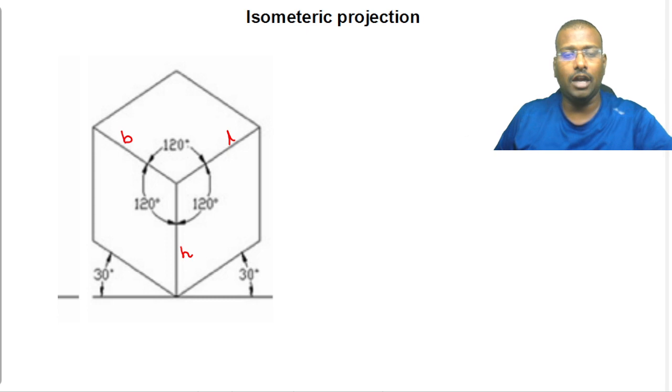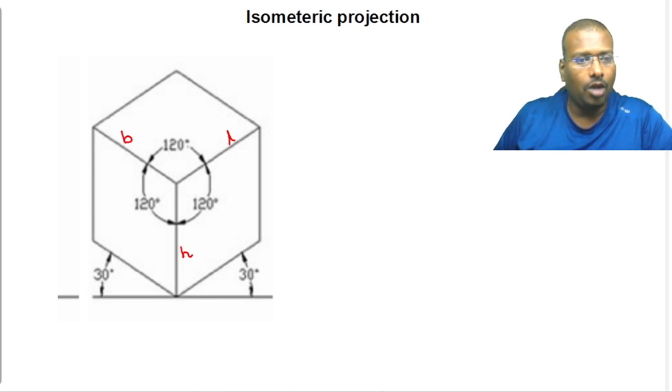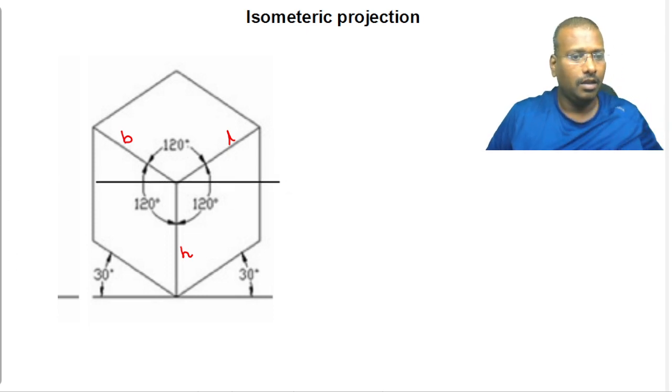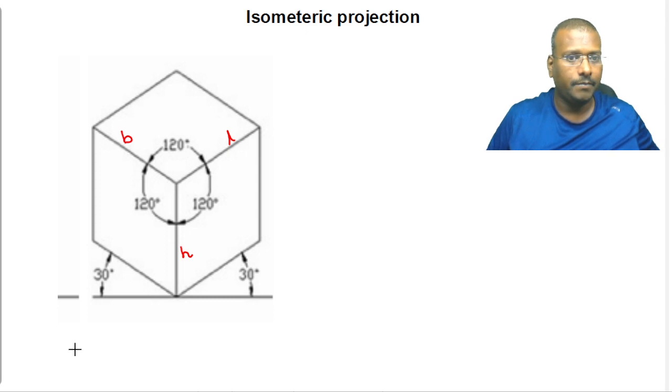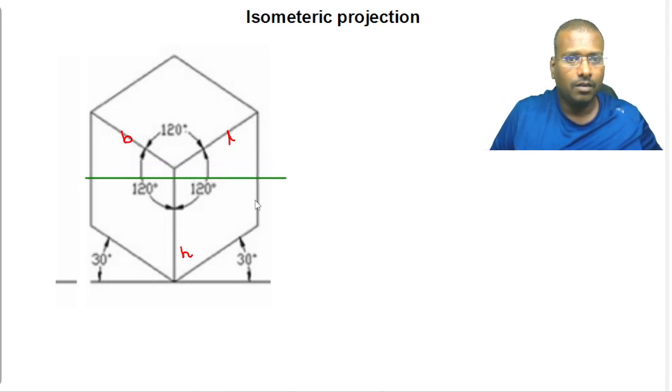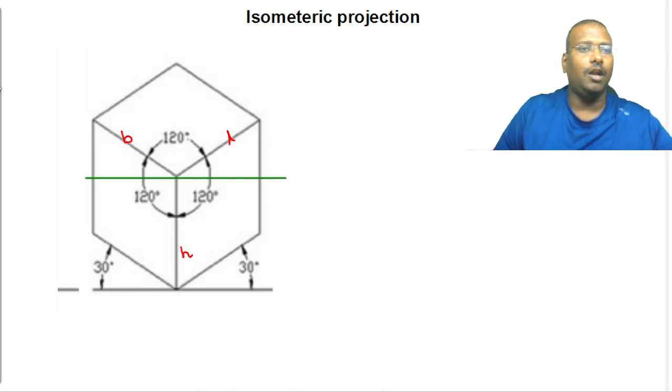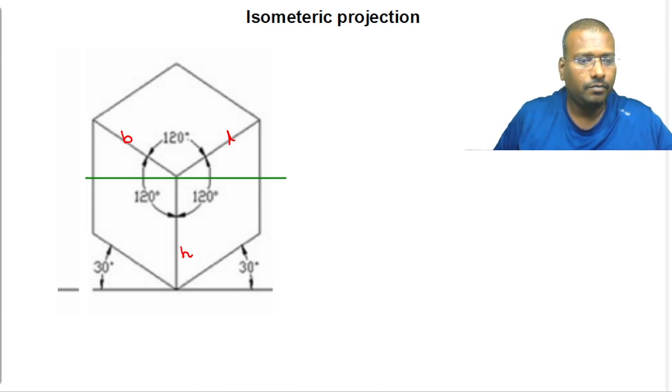Before moving on to the isometric scale, here you have to learn one more element. What is it, sir? Here if you observe, let us consider this is the line. Now here the angle between length and height is 120 degrees.